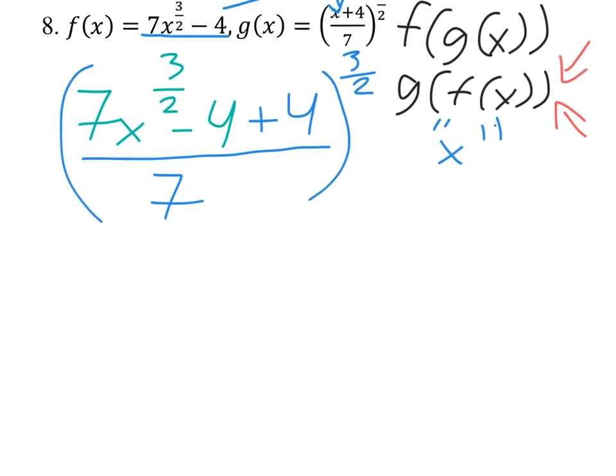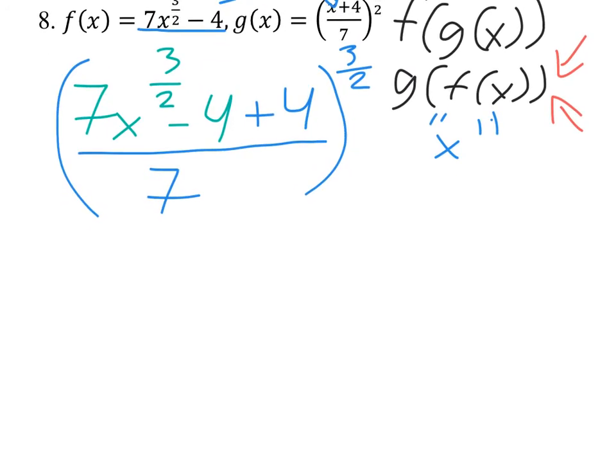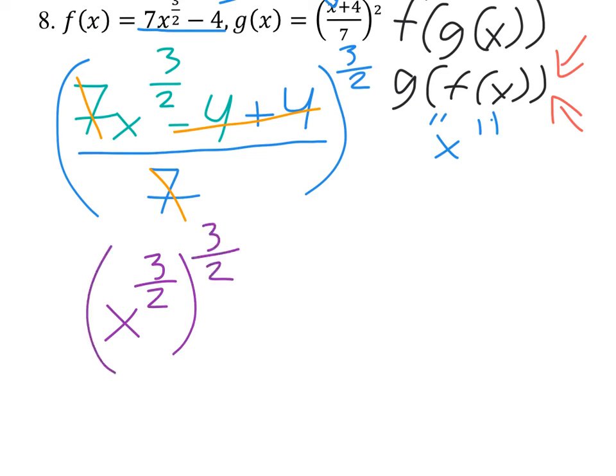So first things first, we have a minus 4 and a plus 4. These two are going to cancel out. We also have a 7 and a 7. Those two are going to cancel out. And that will leave us with x to the 3 over 2, raised to the 3 over 2. Now, you may recall, if we have an exponent being raised to another exponent, we multiply the two exponents together.